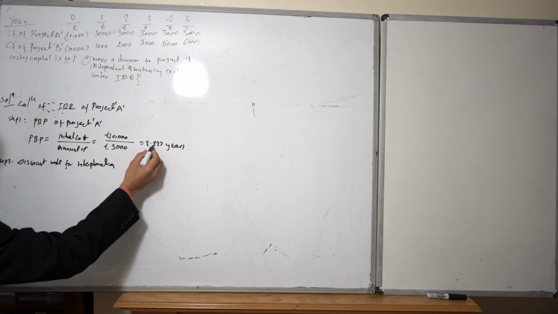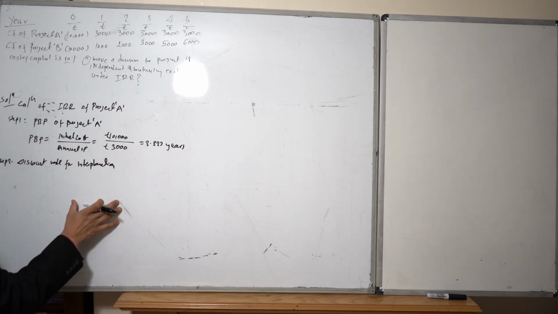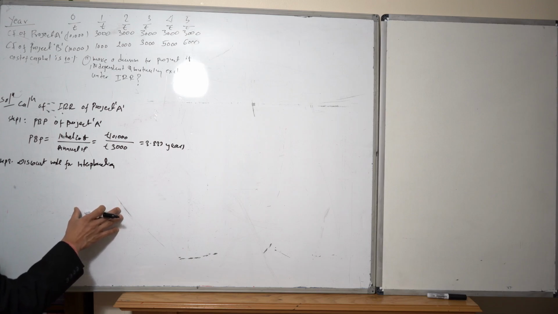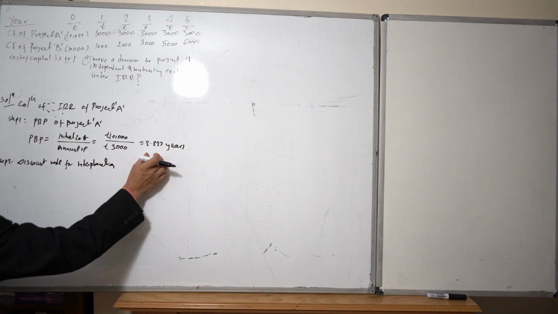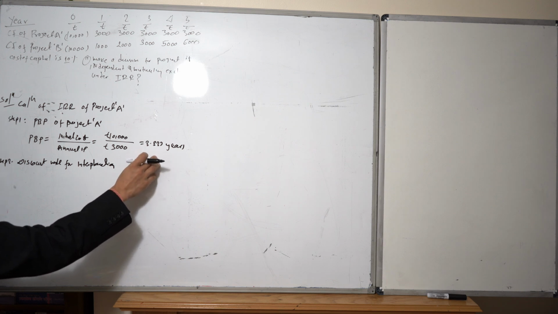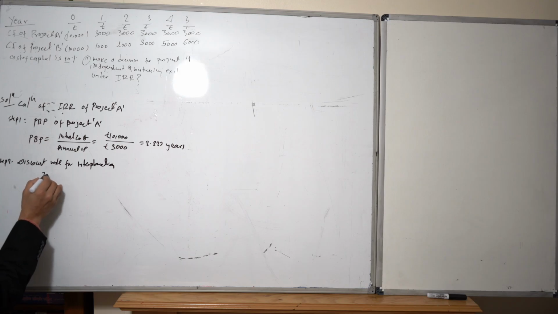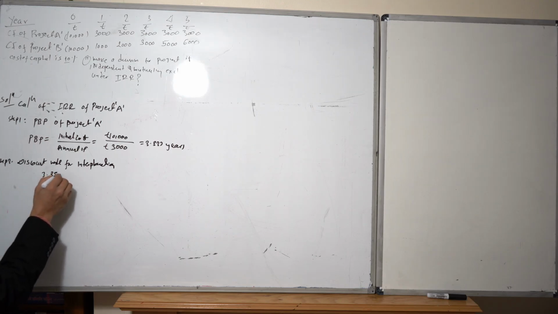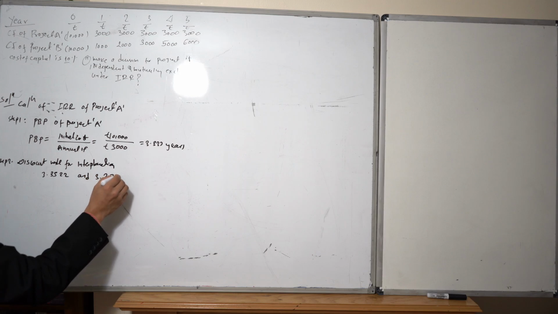This 3.33 years, if you look in the present value factor annuity across the 5-year period, so number of periods is 5 and the value is 3.33 years, this 3.333 lies between 3.3522 and 3.2743.